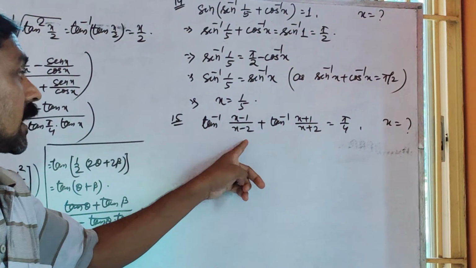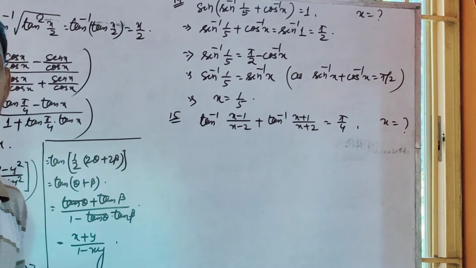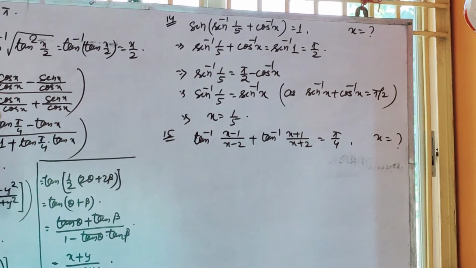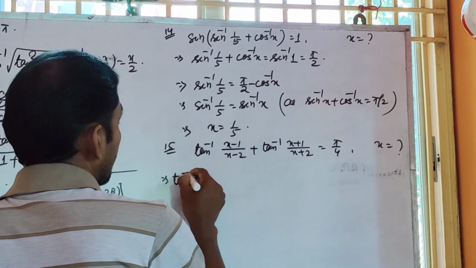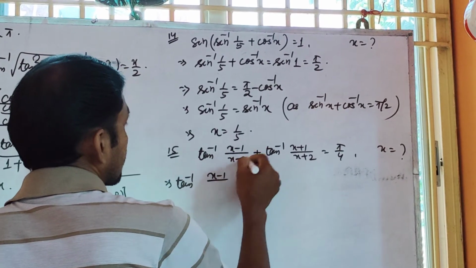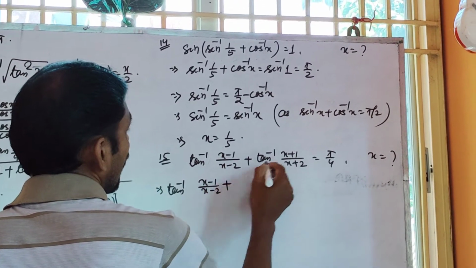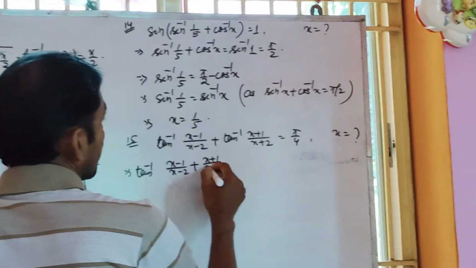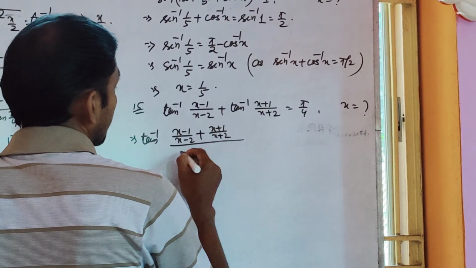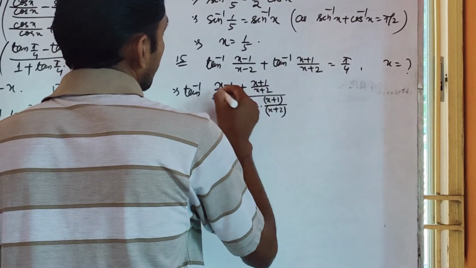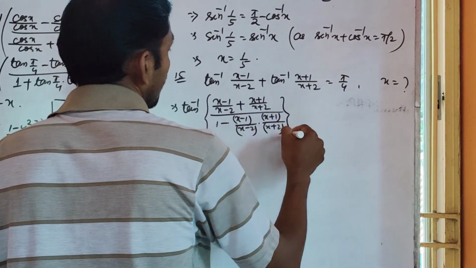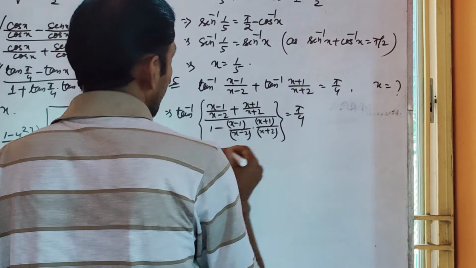Now you see the left hand side is in the form of tan inverse x plus tan inverse y. So here we can use the formula: tan inverse of x plus y, that is this whole, by 1 minus xy, equal to pi by 4.